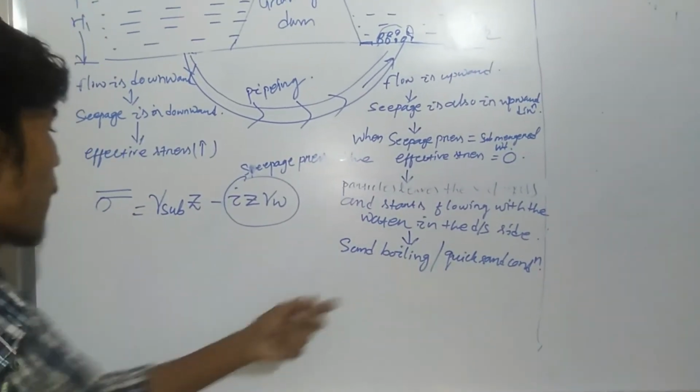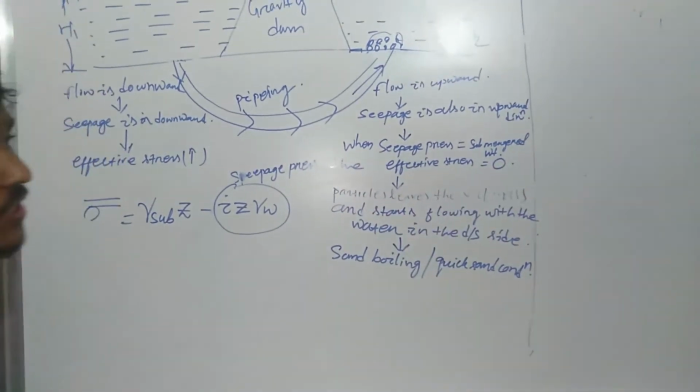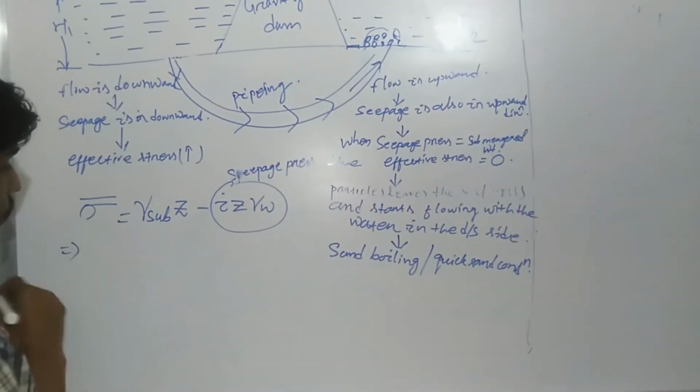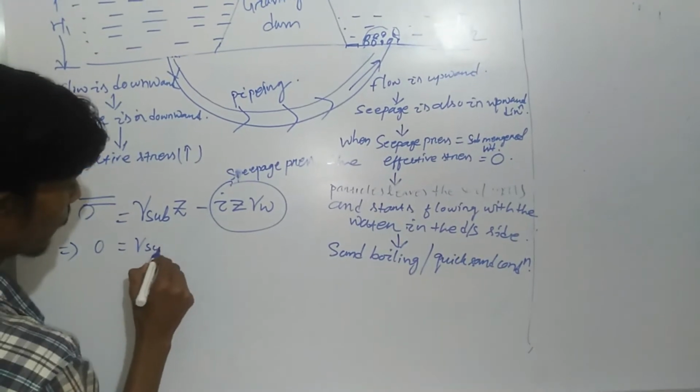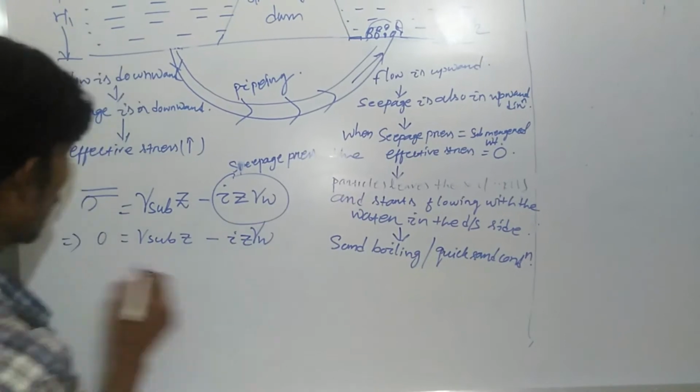When will it occur? We have studied that when effective stress is equal to 0, then gamma submerged Z minus i Z gamma W equals 0.